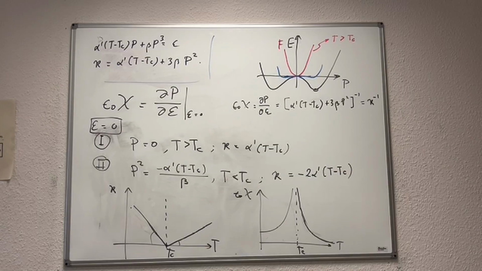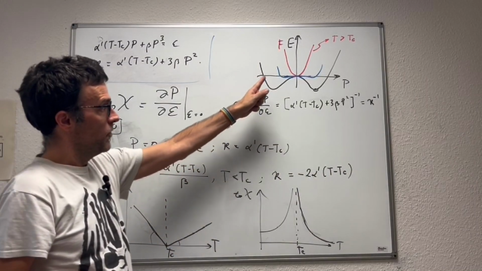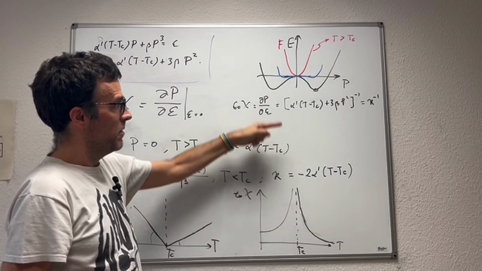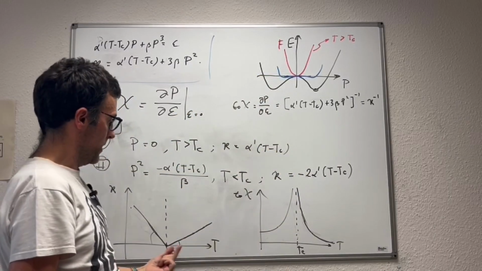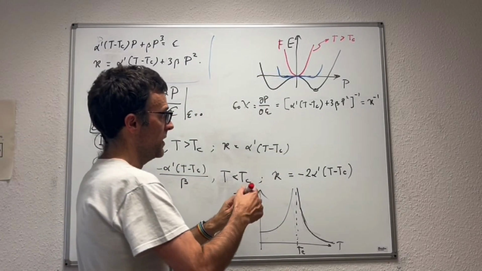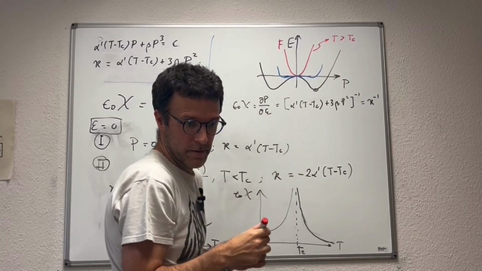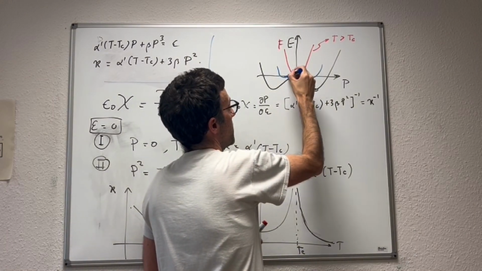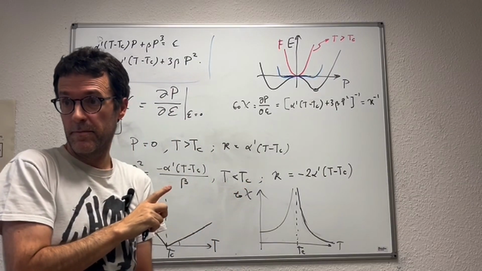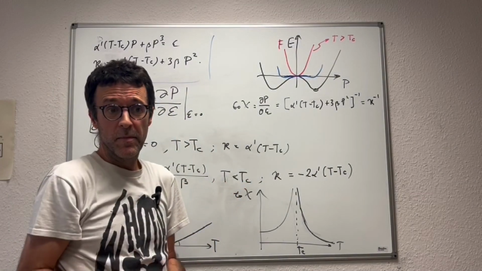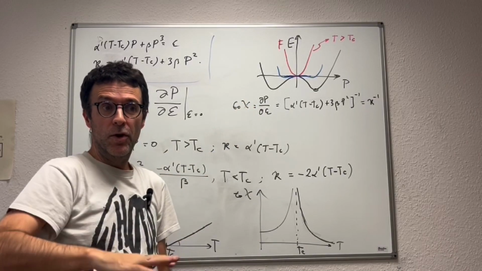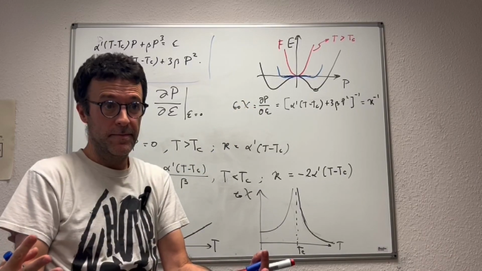If we think about the energy landscape, a divergent susceptibility boils down to having a zero stiffness, which means a very flat, totally flat, in fact, energy landscape around P equal to 0. That indeed means that to change the polarization at that temperature costs no energy.